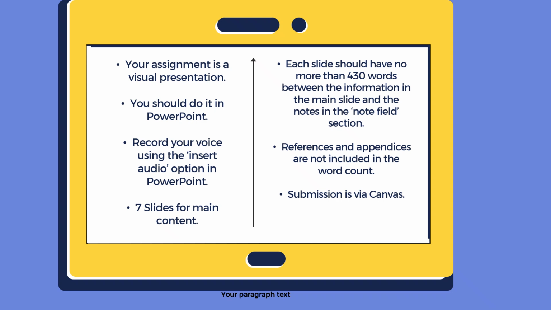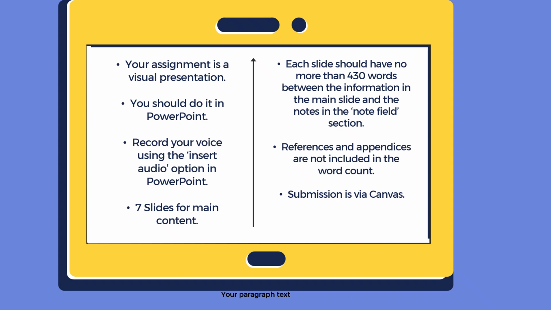There should be 7 slides only for the main content. That includes the different parts that I mentioned before, which are the critical review, your reflection in your assignment report.